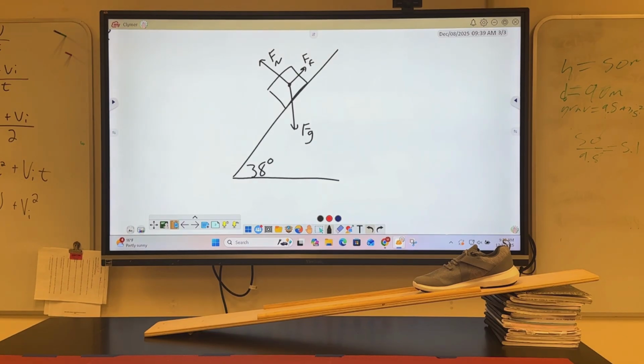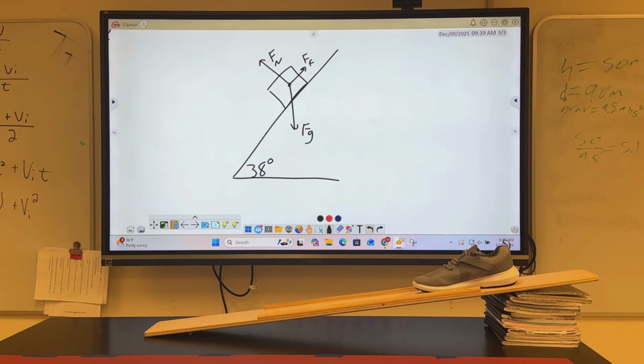So calculate the new coefficient of friction for that same shoe. We're going to assume it's not moving and the angle is 38 degrees this time. All the same forces, everything balanced.